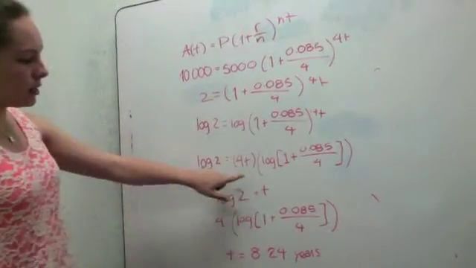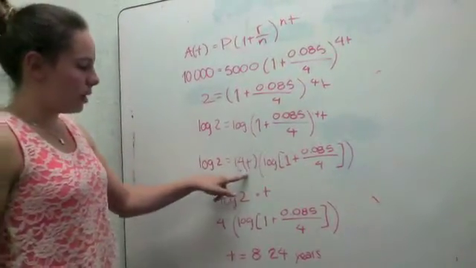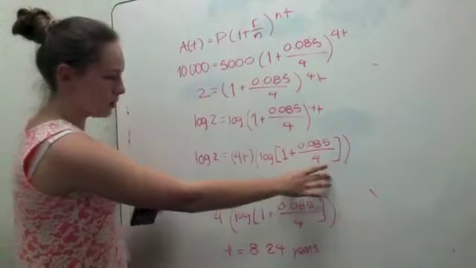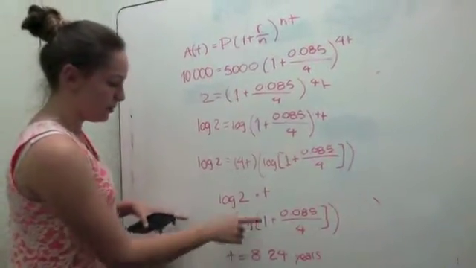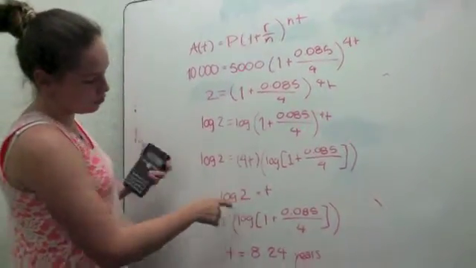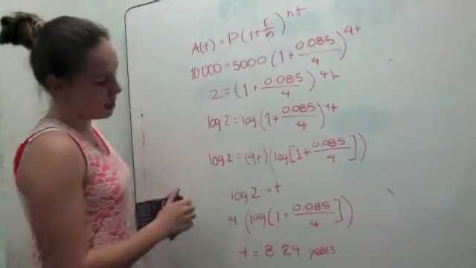So to get t alone, we divide by the other factor.